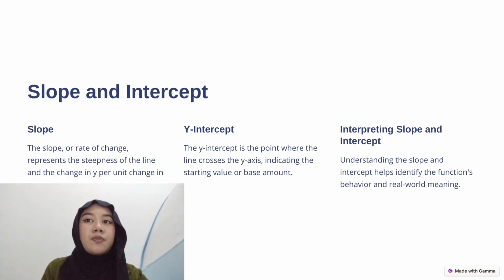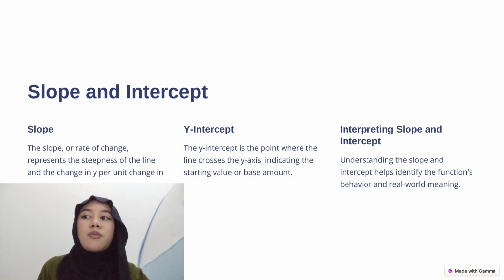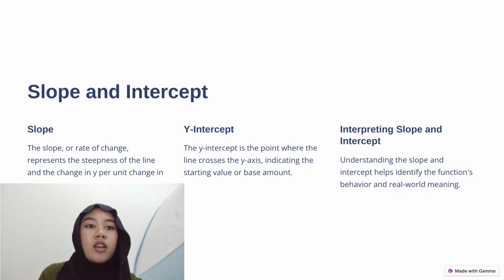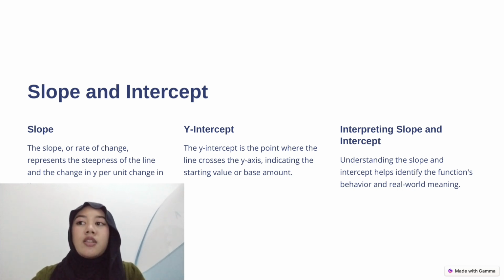Slope and intercept. Slope: the slope, or rate of change, represents the steepness of the line, and the change in y per unit change in x.